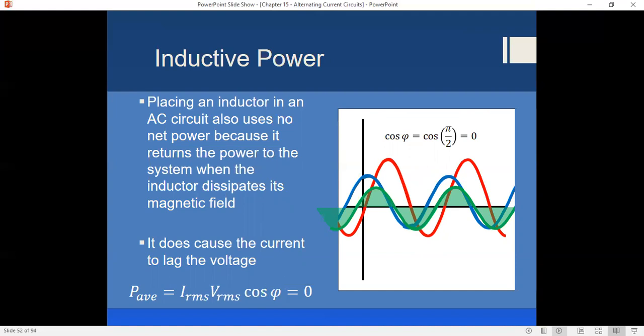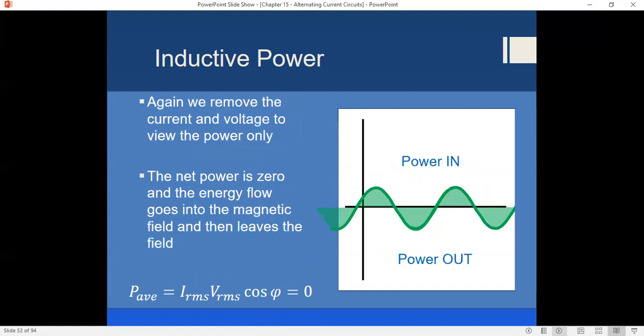And again, think about conceptually what's going on here, okay? When the inductor is building up its magnetic field, it is taking in energy, okay? So the power is positive. But as the magnetic field dies out, it produces an EMF, a back EMF. It'll dump that back on to the circuit, okay?